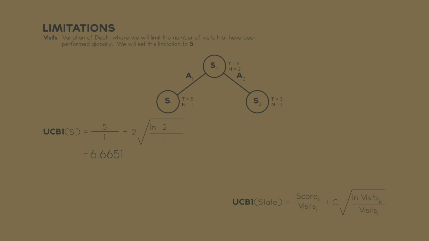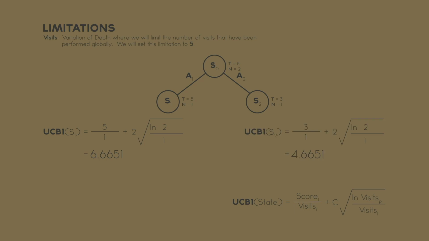S1's parent node has a visit count of 2, and S1 has a visit count of 1. So the natural log of 2 divided by 1, all square rooted. This results in a UCB score of 6.6651 for the S1 state.